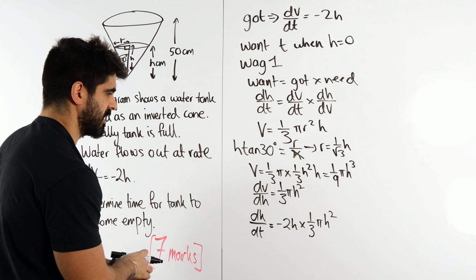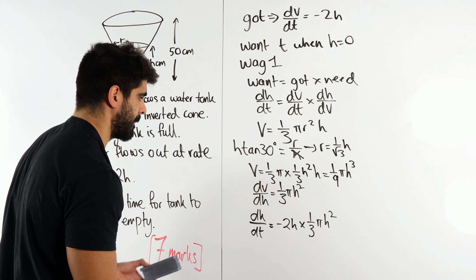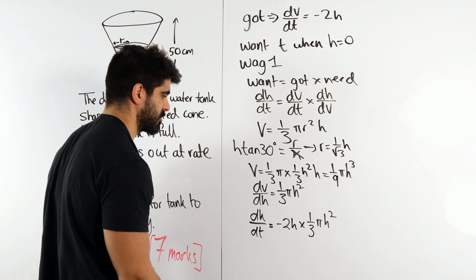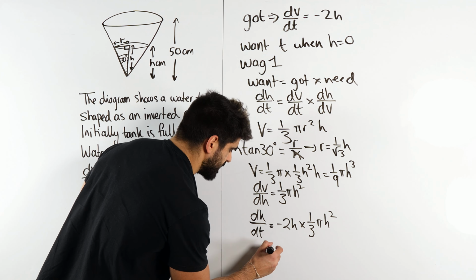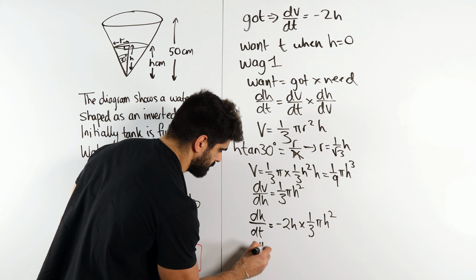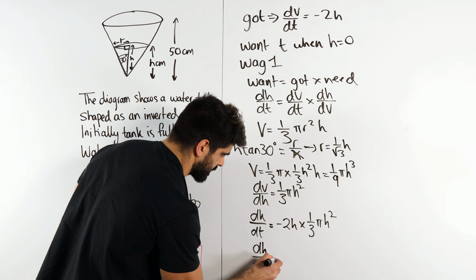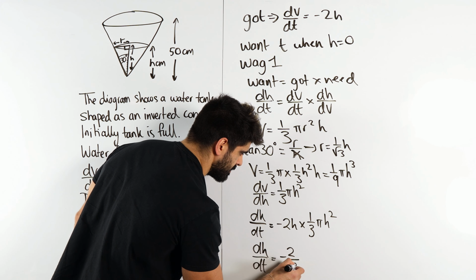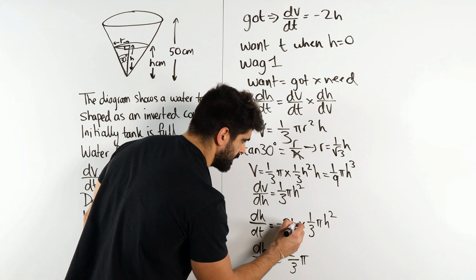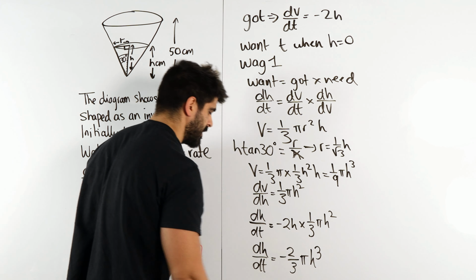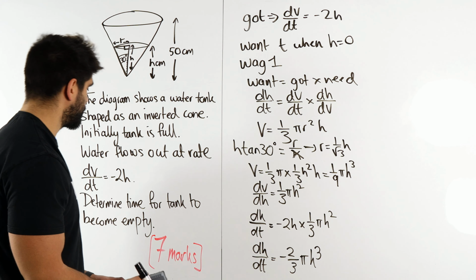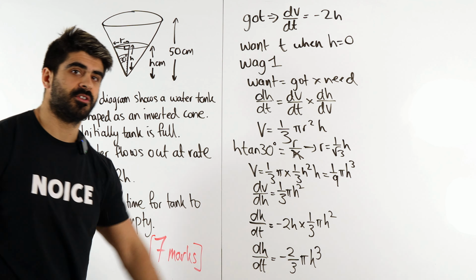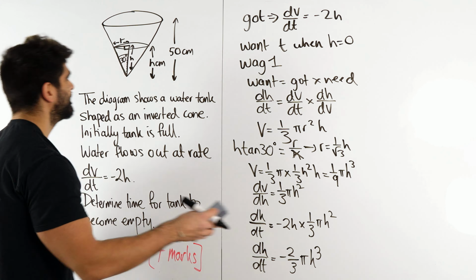Now this is actually a much easier thing to solve than the previous question. So I have dH/dt is minus 2/3 pi H cubed. So what I'm going to do, guys, is clear this and carry on with the working.